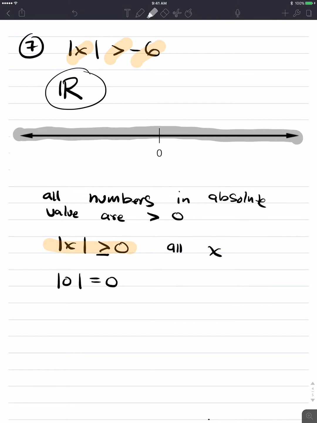This statement guarantees that every number is actually greater than 0 in absolute value, with the exception of 0. This is our graph. Interval notation is -infinity up to infinity.